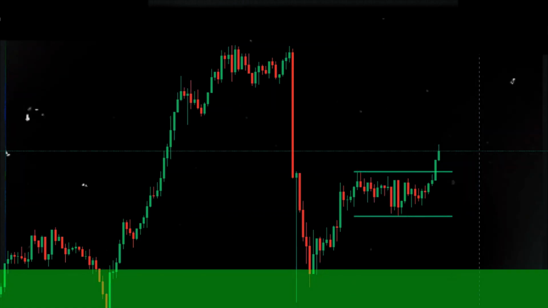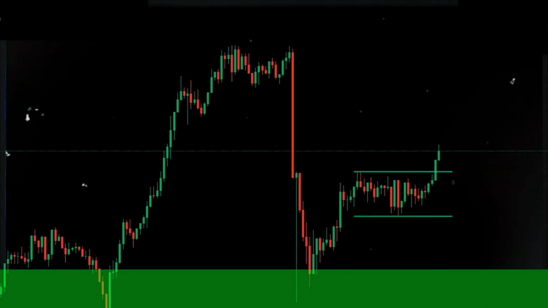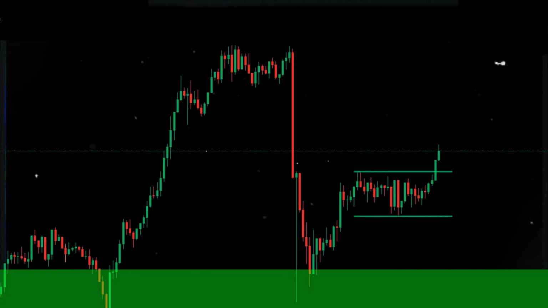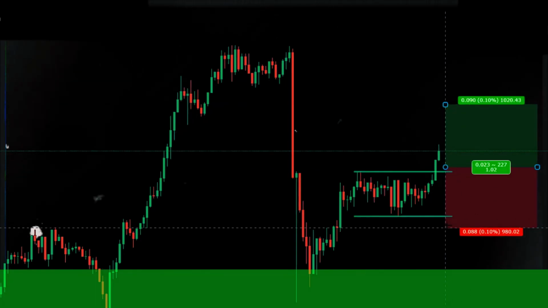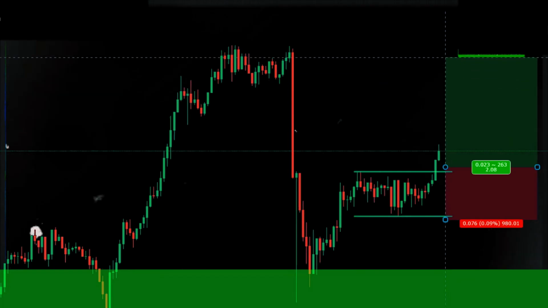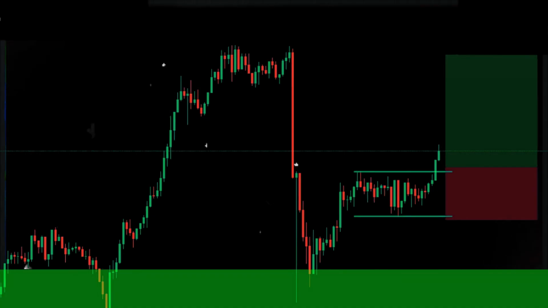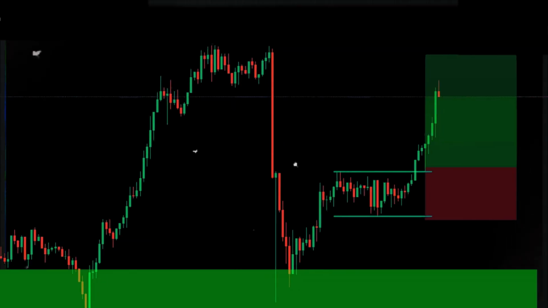Here is how to calculate your lot size for each trade. Take your account balance, multiply by your risk percentage to get the pound or dollar amount at risk. Then divide that by the number of pips to your stop loss, adjusted for the lot size value on gold. On XAUUSD, one standard lot moves $10 per pip. One mini lot, 0.1, moves $1 per pip.